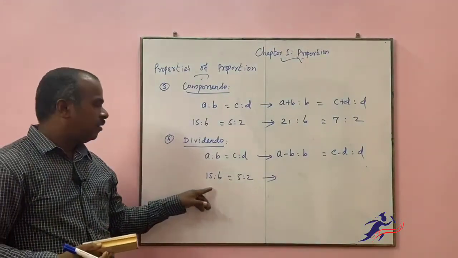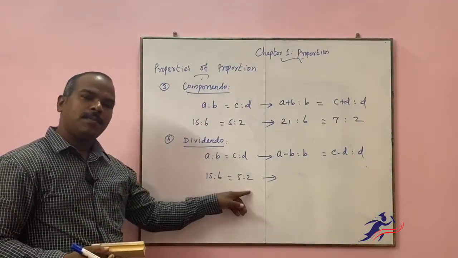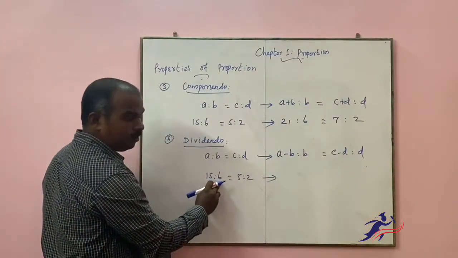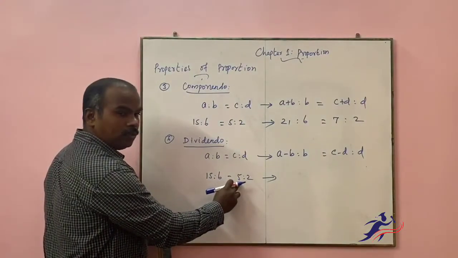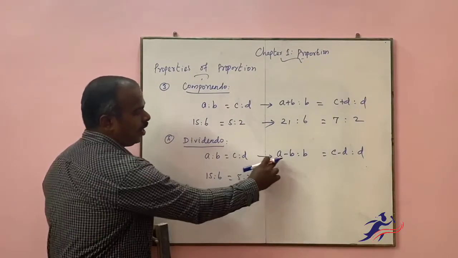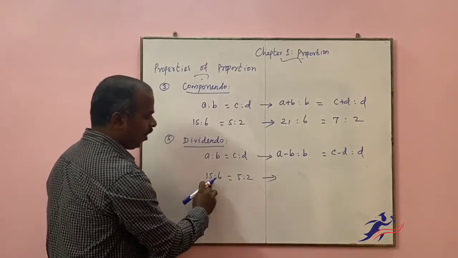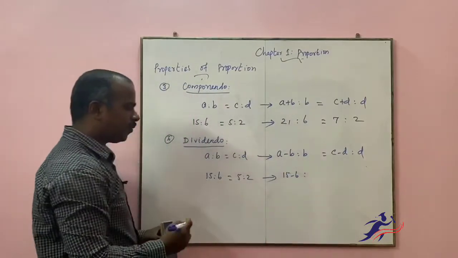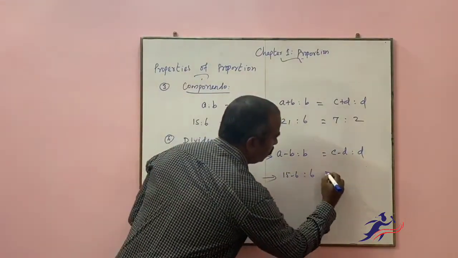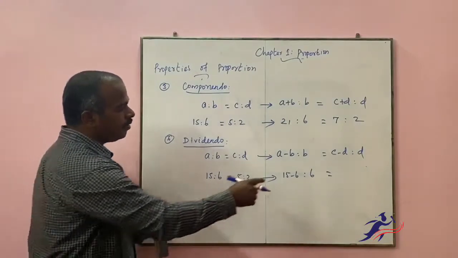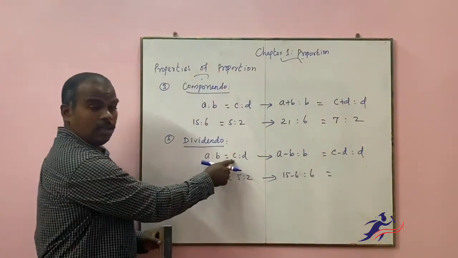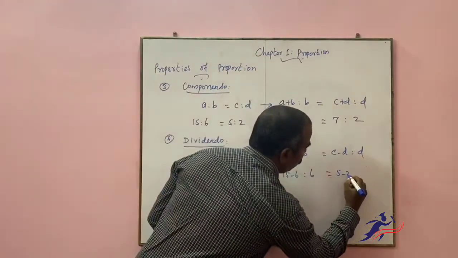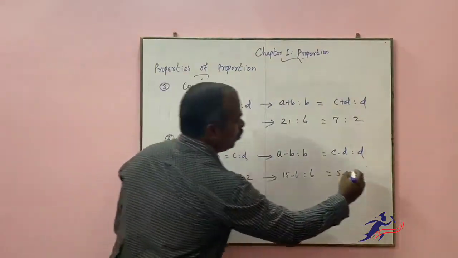Then the dividendo of this proportion is A minus B, that is A, this one is B, C, this one is D. So A minus B, that is 15 minus 6, is 9, is to B is 6 is equal to C minus D, so 5 minus 2 is 3, is to D is 2.